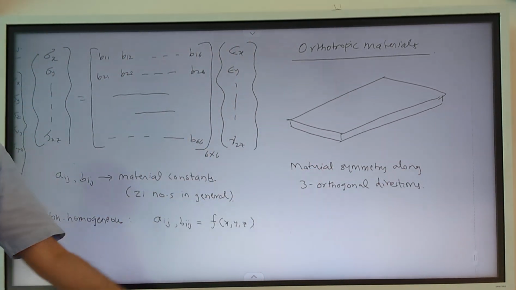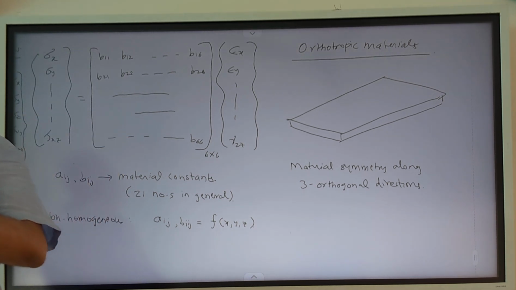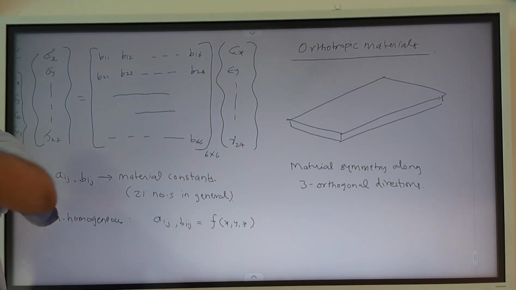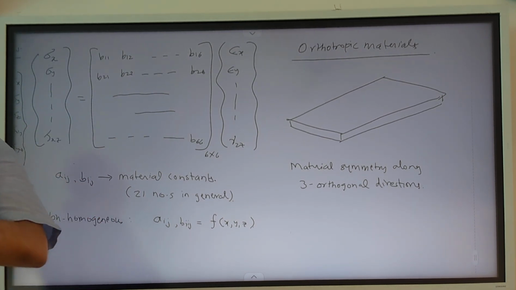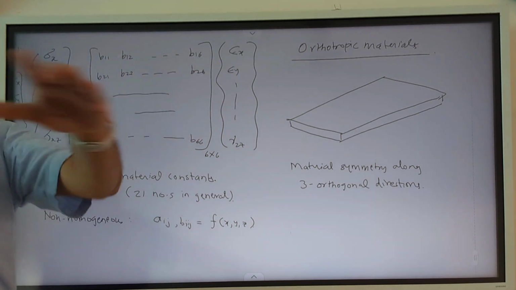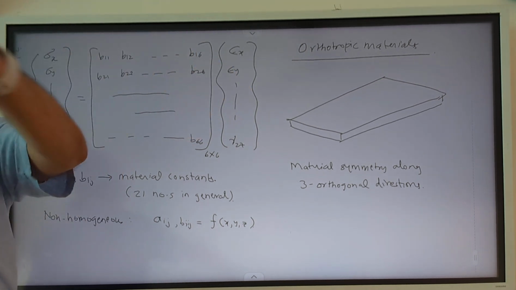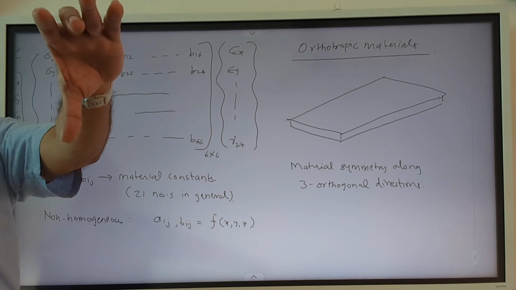A good example of this is a rolled plate. For manufacturing of plates, you start with an ingot and then you keep rolling it till it becomes flatter and flatter. Whenever you are manufacturing a plate, the final plate is rolled between rollers, and in the longitudinal direction the length of the plate will be the rolling direction.